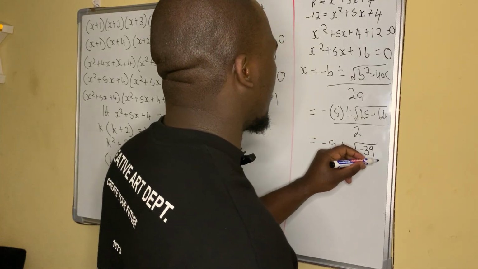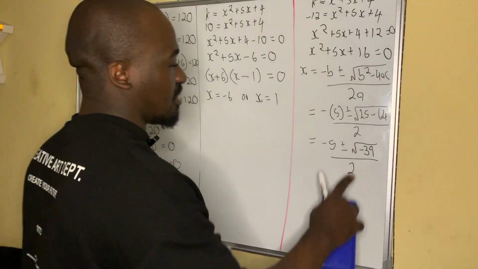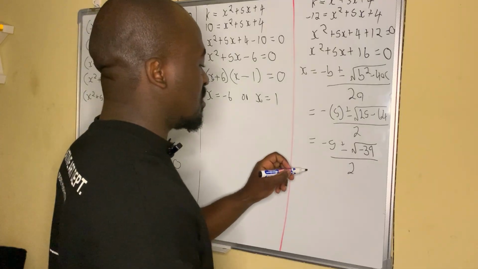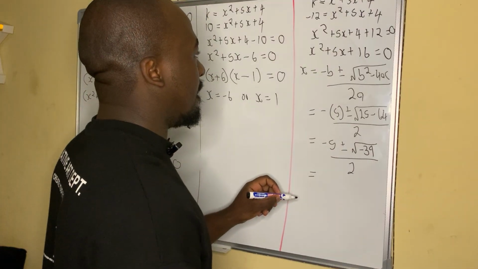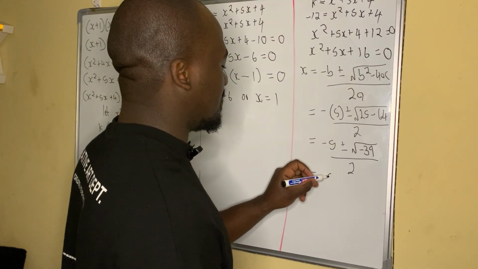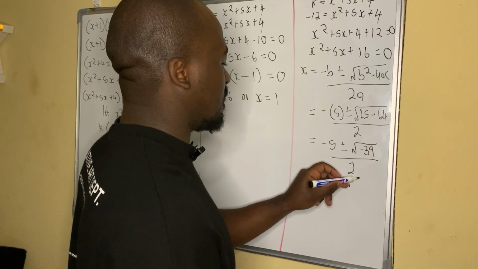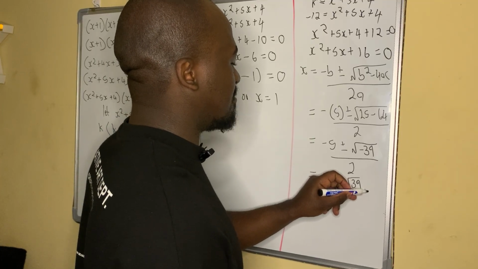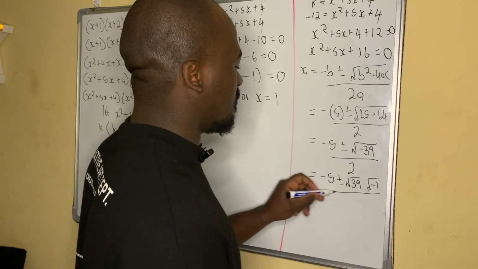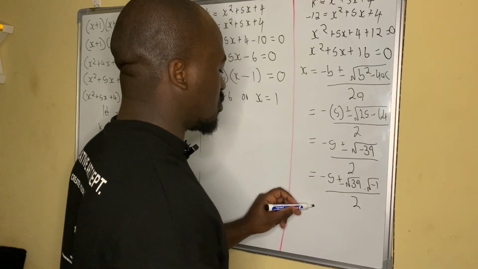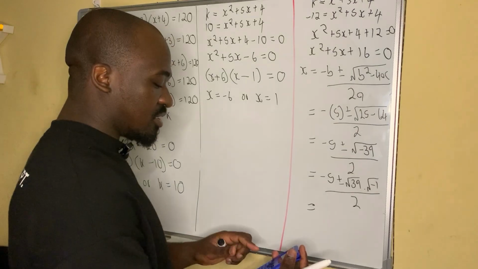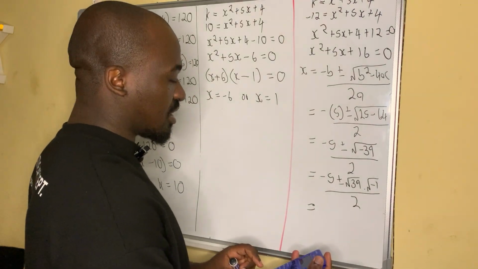Negative 39. Already, can you see now it's leading you to complex numbers? Why? Simply because this one is negative. So it's going to be negative 5 plus or minus the square root of 39 times the square root of negative 1, over 2. Let's put it in the calculator.